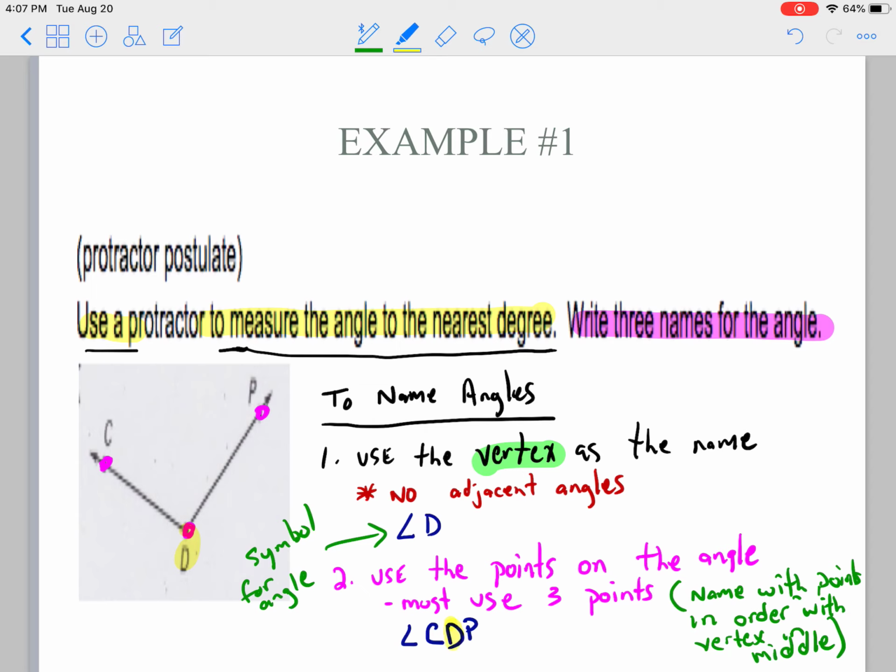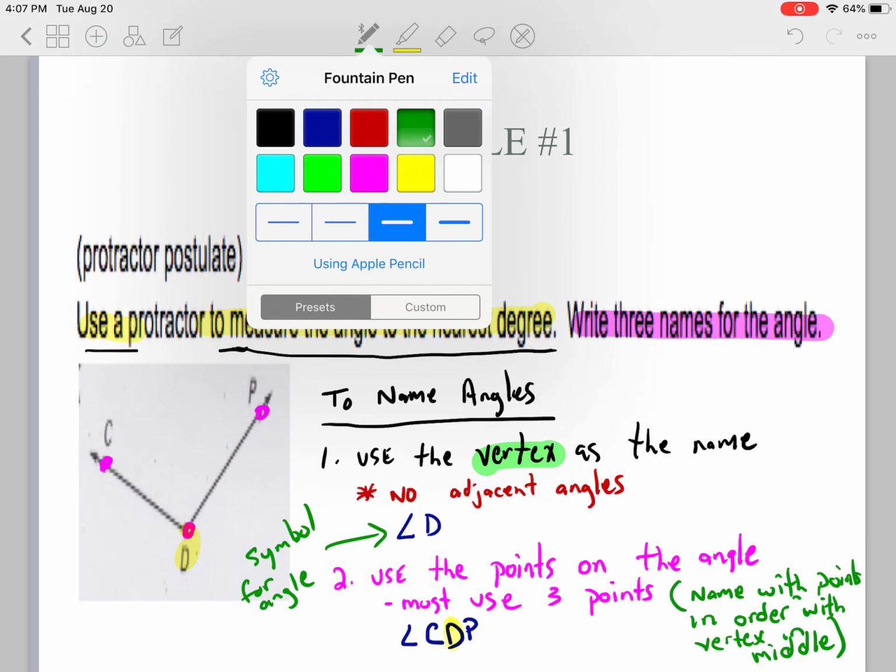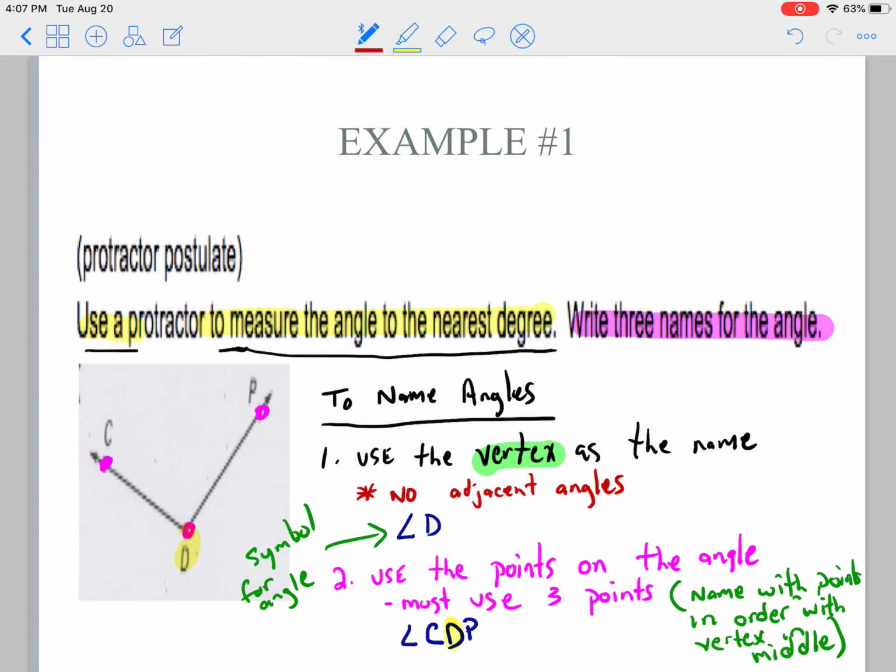Now I said that the pink number 2 was both 2 and 3. This is why. If I were to also name it using the point D in the middle, using the 3 points, I could also say point P, D, C going in the other direction with D in the middle.